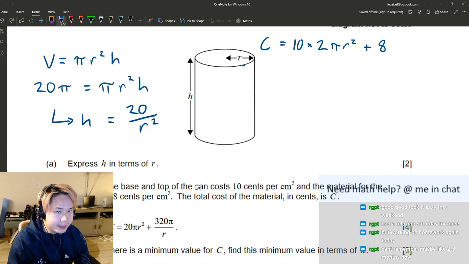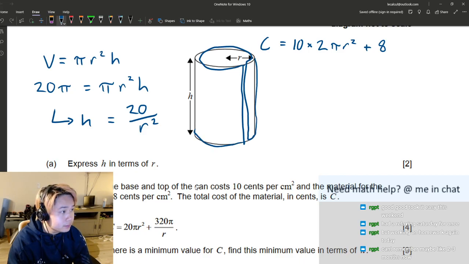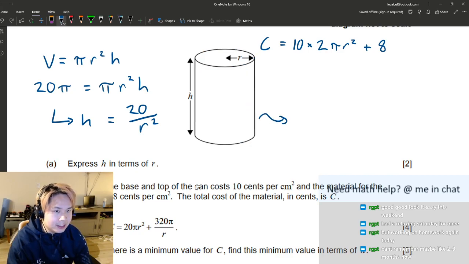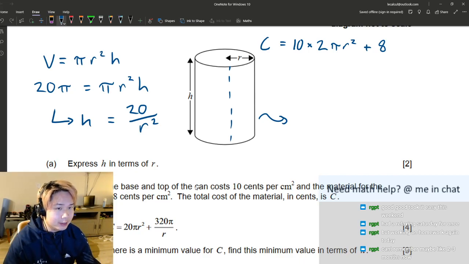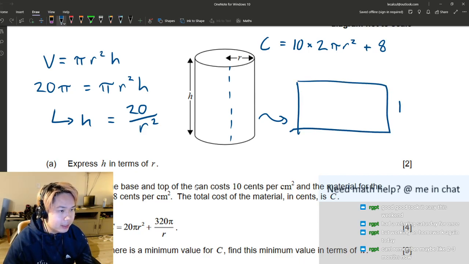So the curved part is essentially a rectangle. If we were to imagine you just cut this down like a toilet roll, the cardboard thing that your toilet paper is wrapped around, you cut it through the middle, and then if you unwrap it, it makes a rectangle with a height of h, the same height as the cylinder, which is 20 over r squared.